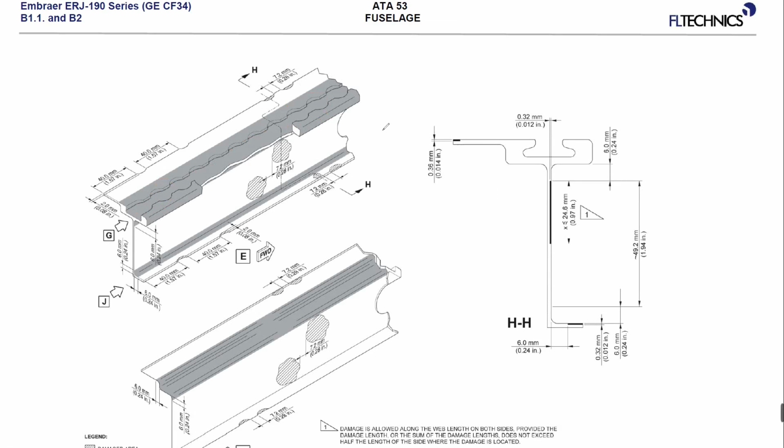Also, as a standard practice, when we talk about the cabin floor structure, the seat tracks and the floor panels are installed with sealant. Yes, we have screws to install the panel on the floor structure, but then the gap between the floor panel and the seat track we have to fill with sealant.